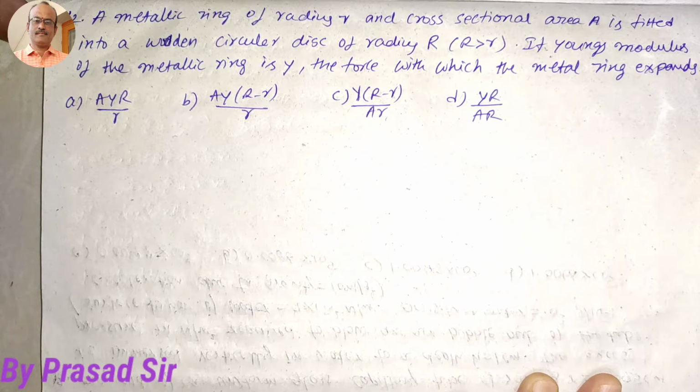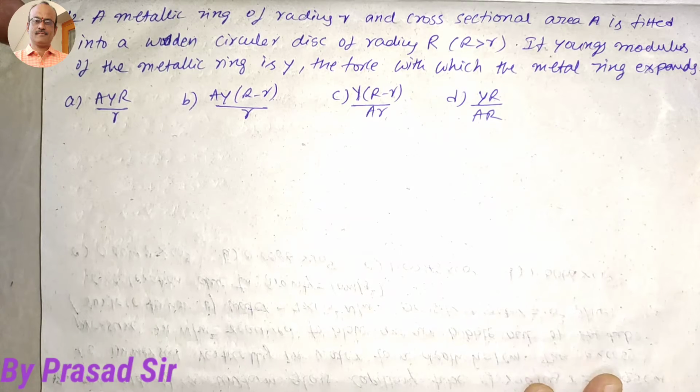Now the question number 12. A metallic ring of radius r and cross-sectional area A is fitted into a wooden circular disc of radius R, where capital R is greater than small r. If Young's modulus of the metallic ring is Y, what is the force with which the metal ring expands?